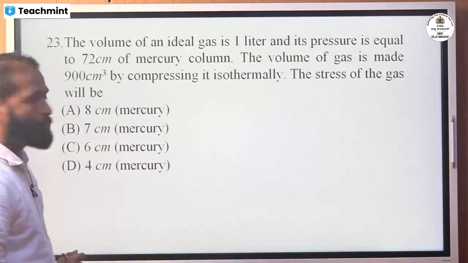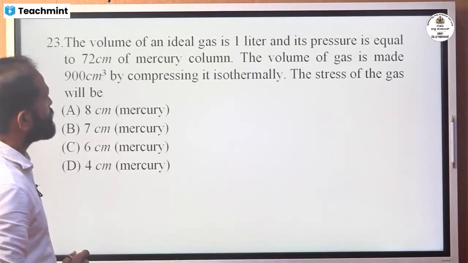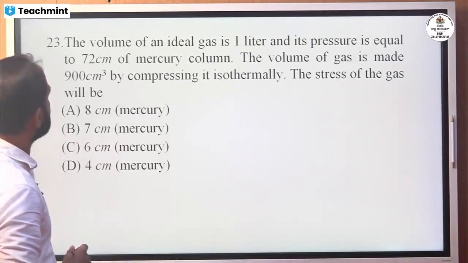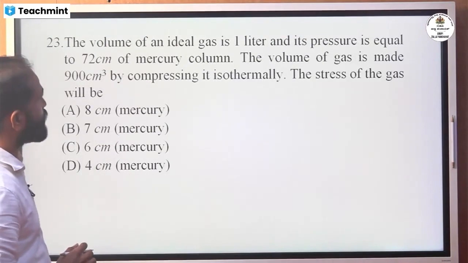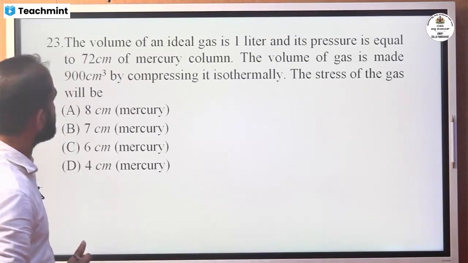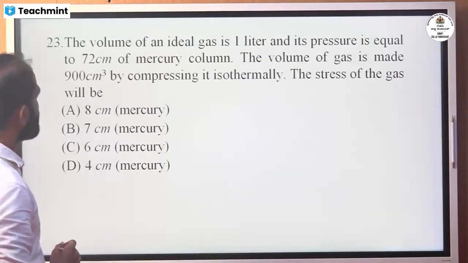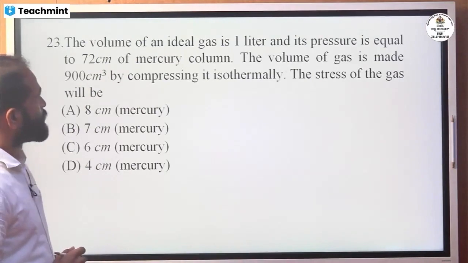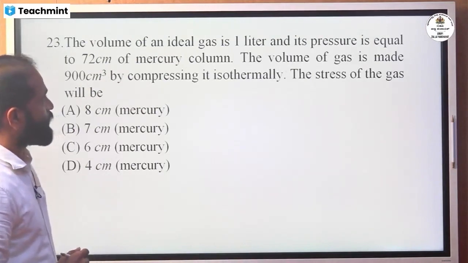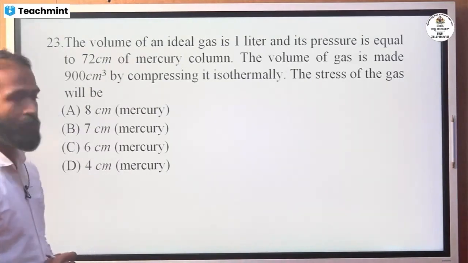Question 23. The volume of an ideal gas is 1 liter and its pressure is equal to 72 centimeter of mercury column. The volume of gas is made 900 cm cube by compressing it isothermally. The stress of the gas will be.